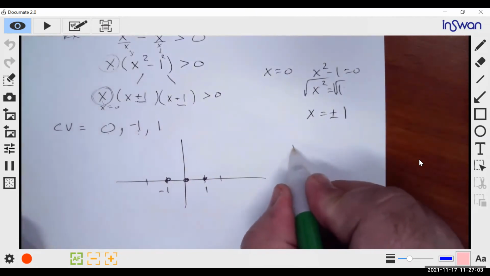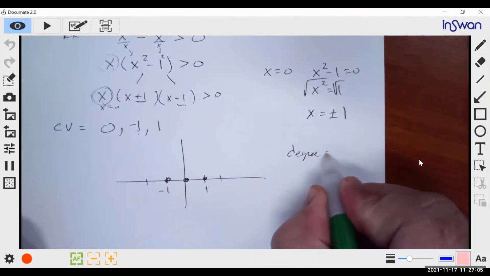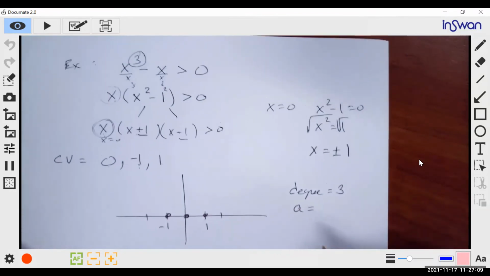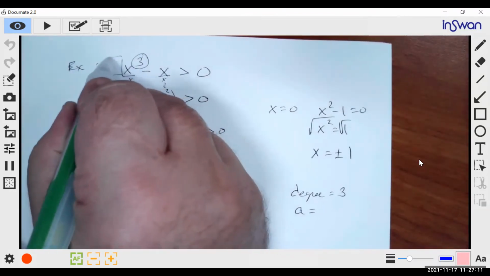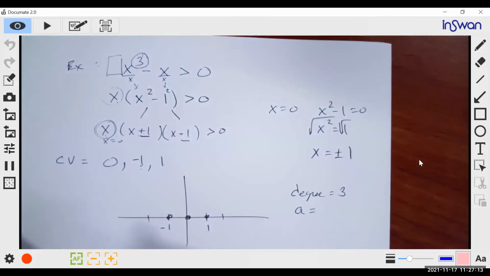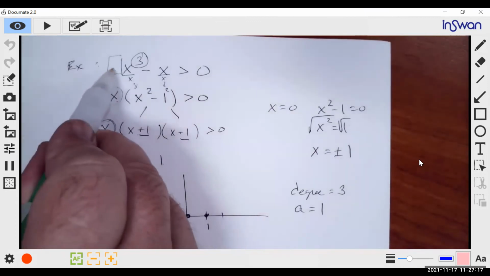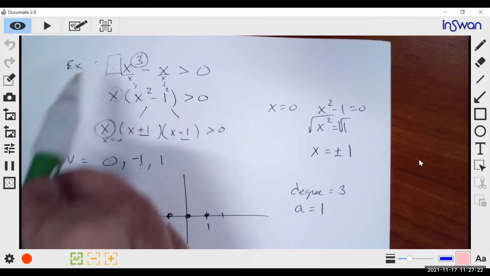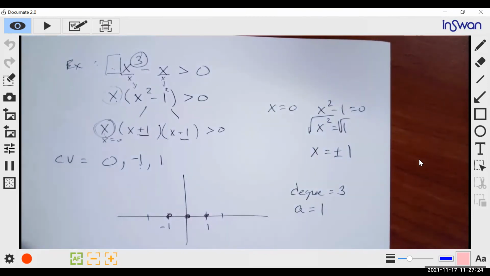What's the degree of our equation? And what's our a? a is in front of the x cubed, the leading coefficient. It's 1. It can't be 0. If it was 0, the whole thing would be 0. So a is 1. Since a is positive and the degree is 3, we know our graph will look something like this.